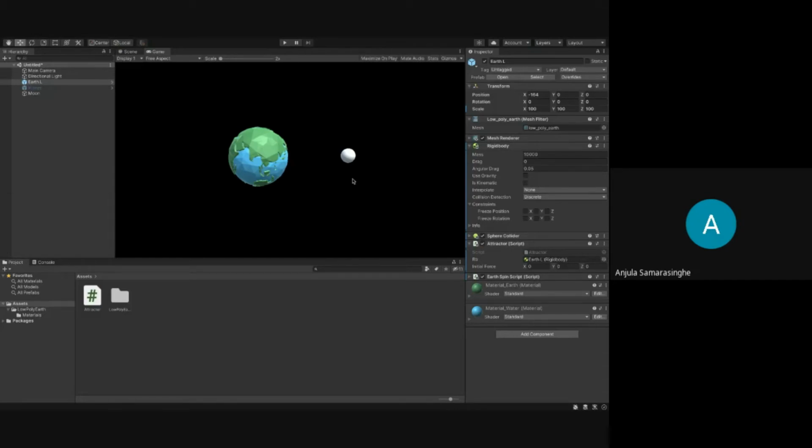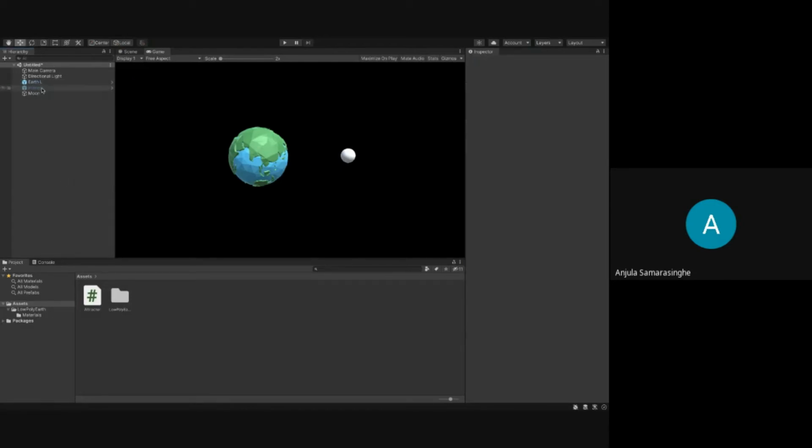So the acceleration of this one will be higher because the mass of this object is small, and the acceleration of the Earth is really small compared to this, because Earth has a higher mass than the small object. That's why when we run this simulation, the moon gets attracted to the bigger object.